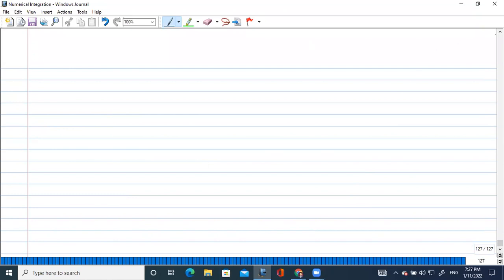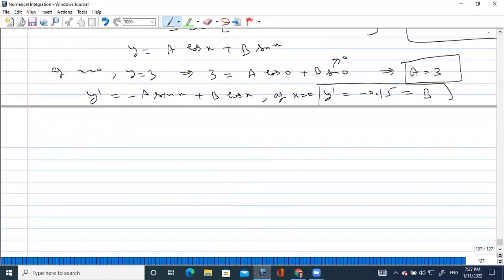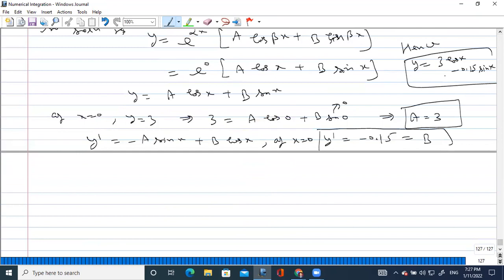Okay, one more thing we can do here. Sometime he can ask you the graph. What will be the graph for that? Okay, so graph actually in such cases we can just guess, we cannot give it correctly. How to guess: at x equal to 0, what is the position? Because this is the 0 point. At x equal to 0, what is the value of y? 3.